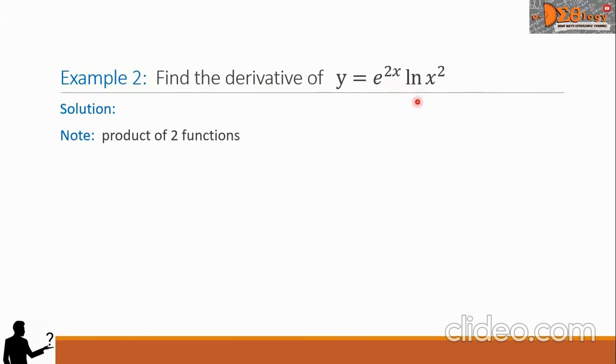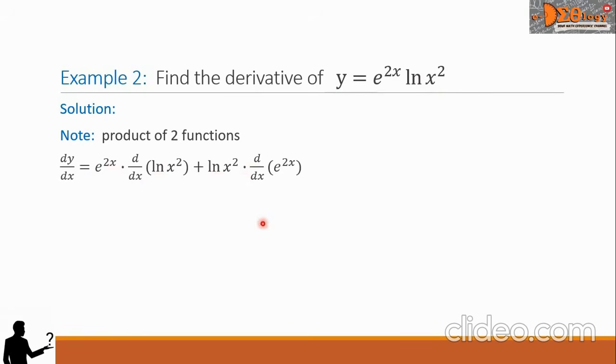The second function is ln of x squared. We will use the product formula here. So our dy over dx, or the derivative, is equal to e raised to 2x times the derivative of the second function, plus we copy the second function times the derivative of the first function.